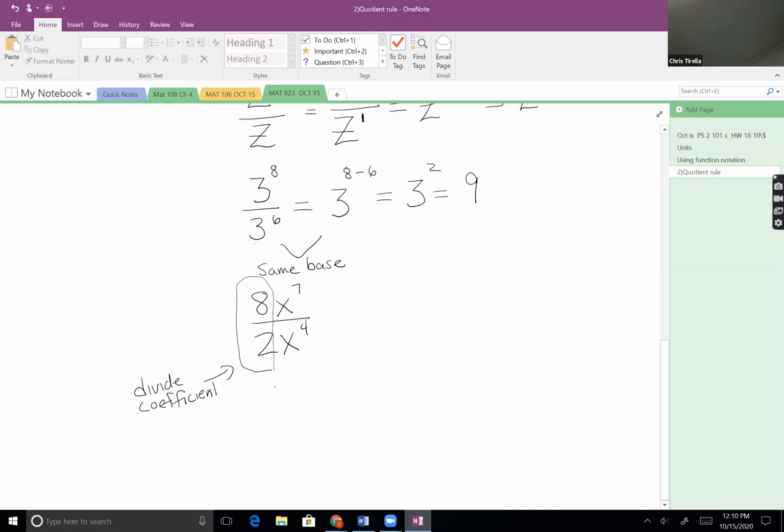So that 8 divided by 2 is 4. And then on the variable part, I'll subtract the exponents to divide. So that'll give me x to the 7 minus 4, or that'll give me final answer 4x to the 3rd.